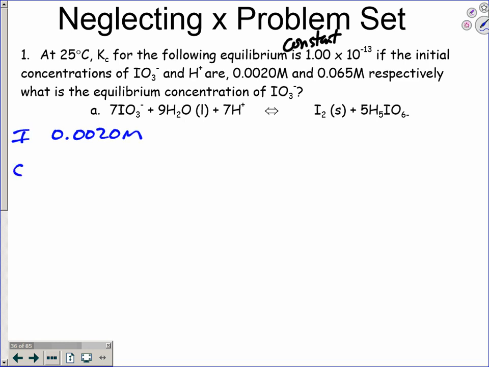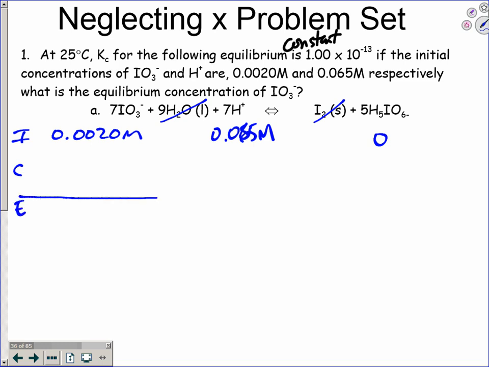And we're given another concentration for hydrogen ion, 0.065 molar. Are we given anything for this? No. Why am I excluding liquid and solid? Because it doesn't affect the equilibrium. I'm going to exclude them from the ICE table as well, so you can even put a slash through those just so they're not distracting.